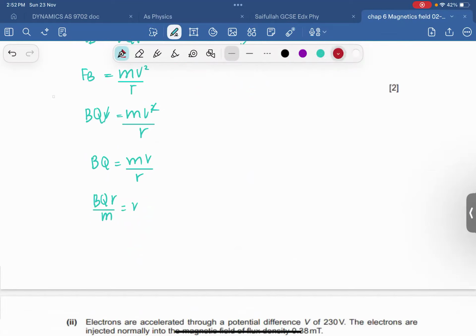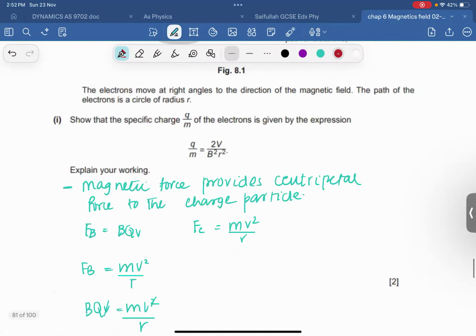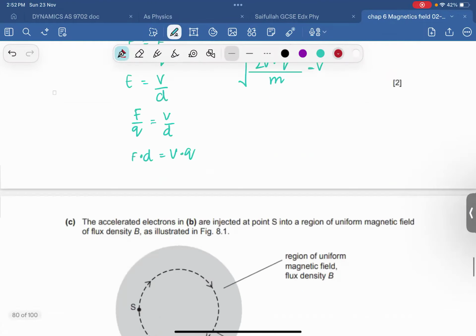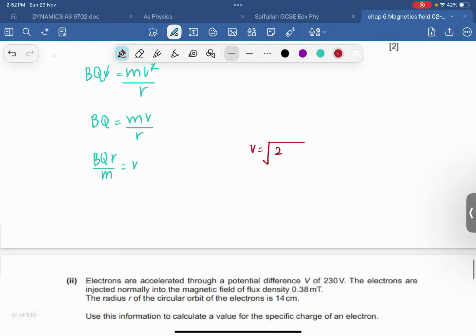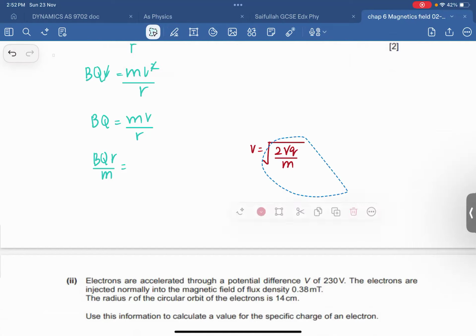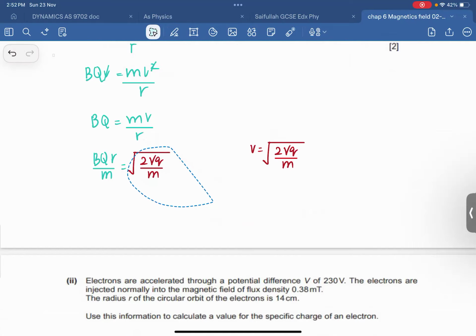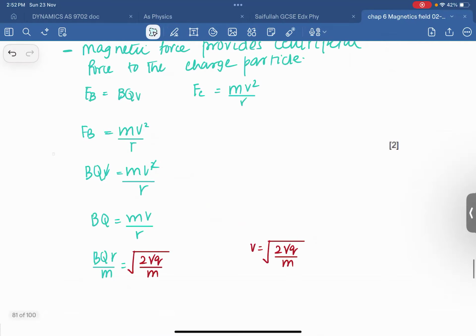And previously we derived that v is equal to under root 2Vq over m. Okay, so instead of that, I can write this one, right?